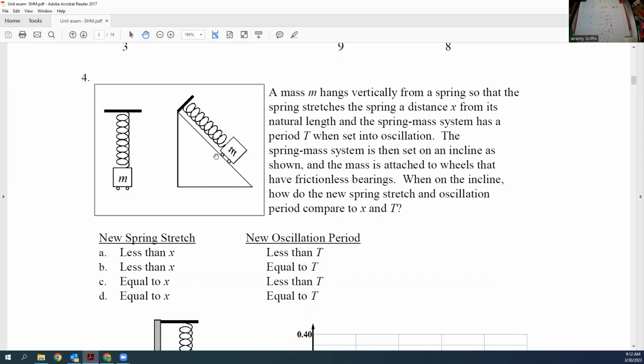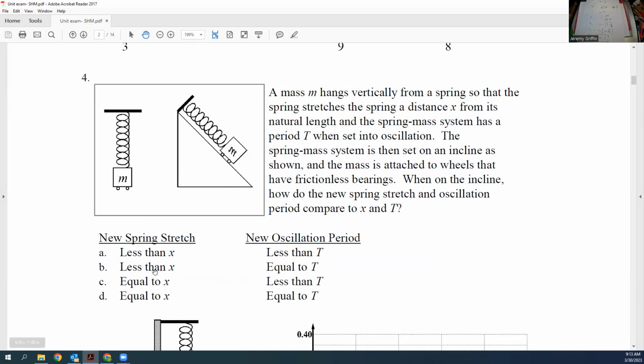What if this angle was approaching 0 degrees, so that this was almost horizontal, and you just let it go? Would it stretch at all? If it was entirely horizontal, it wouldn't stretch at all. So the one on the left is going to stretch more.